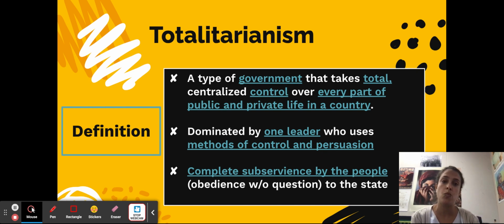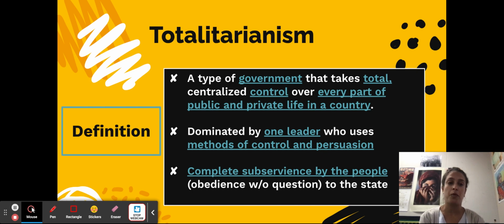Totalitarianism is typically one leader in power that uses several different types of control tactics or methods of control to manipulate, persuade, and completely oppress their people. And of course, it requires complete subservience by the people. And subservience means obedience without question. They do exactly what the leader asks.